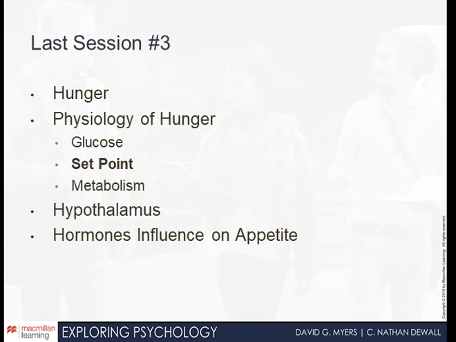We also then talked about the hypothalamus again and about its specific roles that it has in controlling our hunger and how it is that we can have certain eating behaviors motivated by certain aspects of the hypothalamus brain structure. And then we ended up talking about hormones' influence on the appetite.